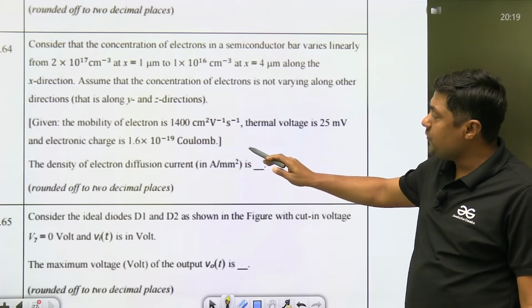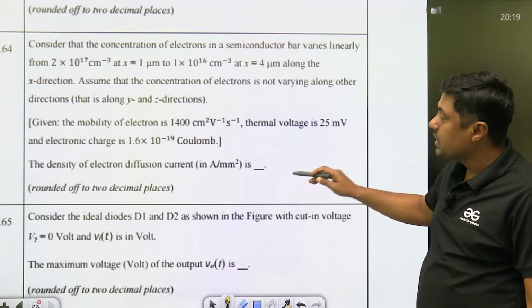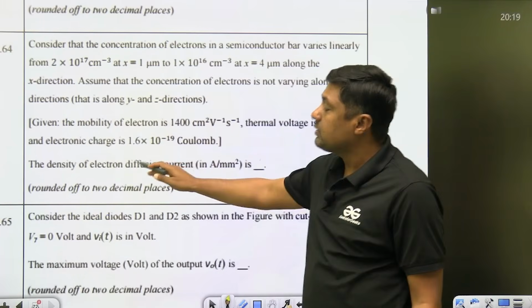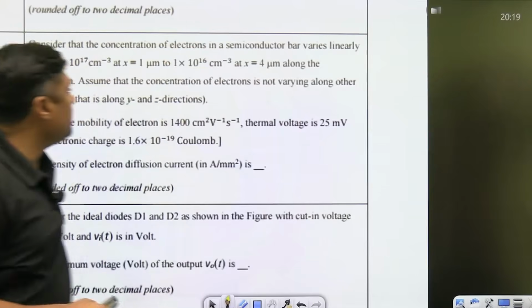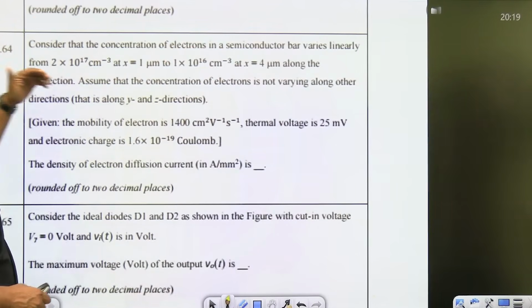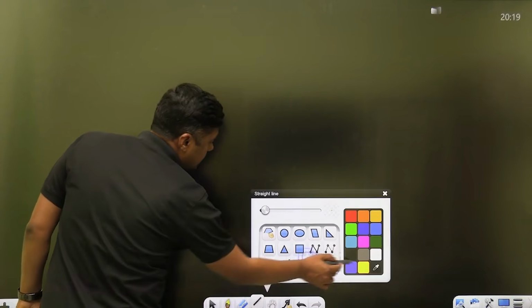The density of electron diffusion current is asked. Nothing is mentioned, but magnitude of the current is not required because the dimension is given, and that's why we have to calculate the current in x direction. Then how can we calculate? Remember, there is a concentration gradient.